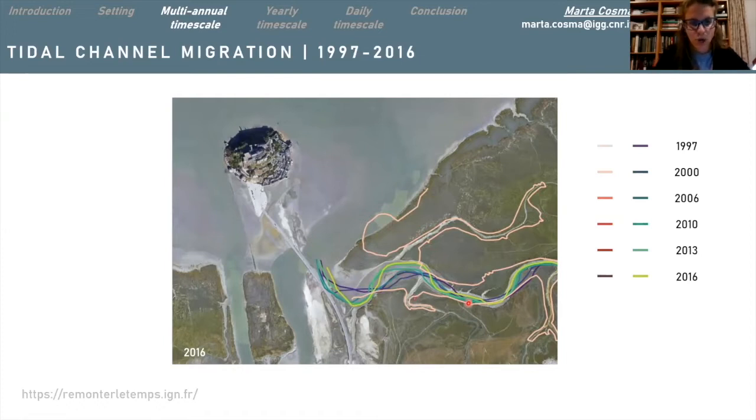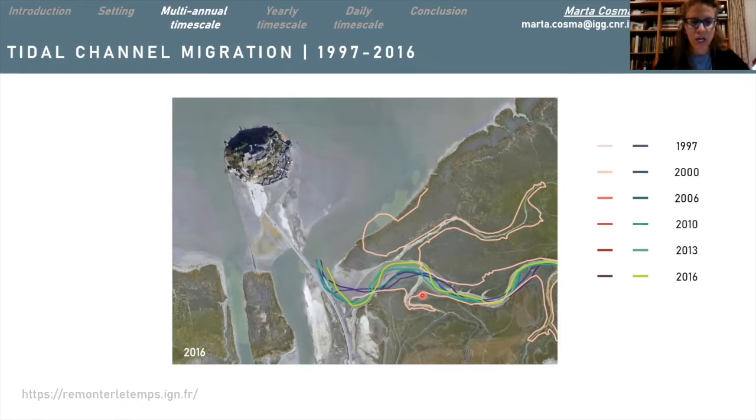So probably what happened here is that with the salt marsh development and the colonization of the bar top, the point bar became more resistant to erosion, and therefore this hindered the seaward migration and promoted the expansion of the meander.